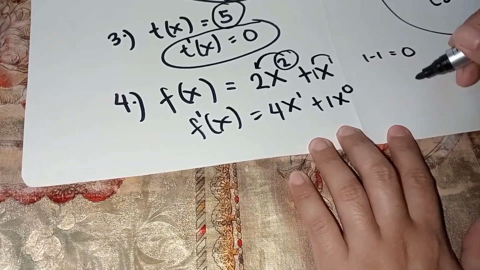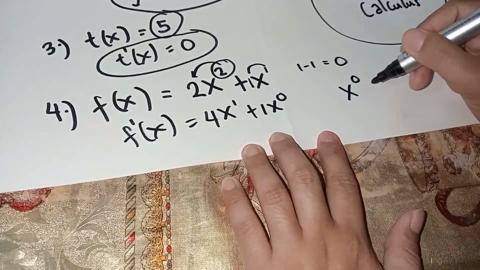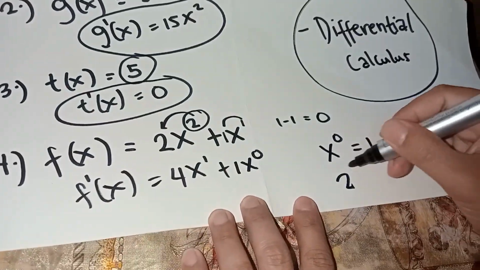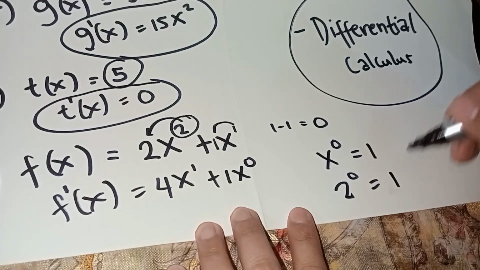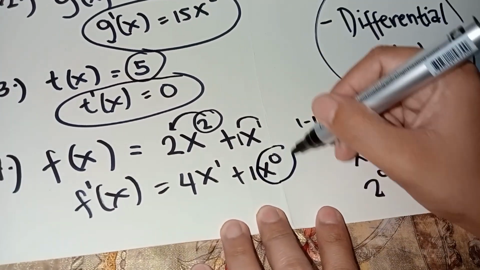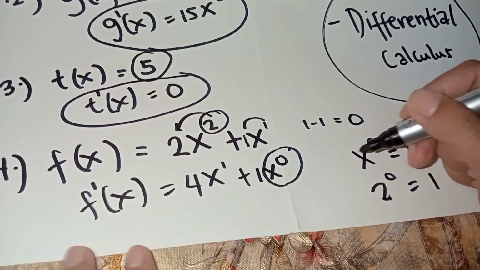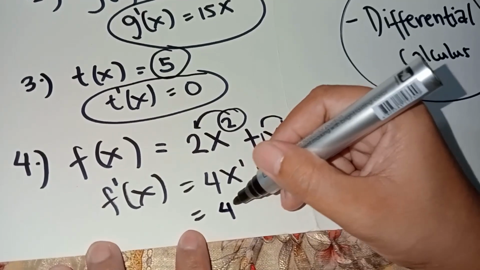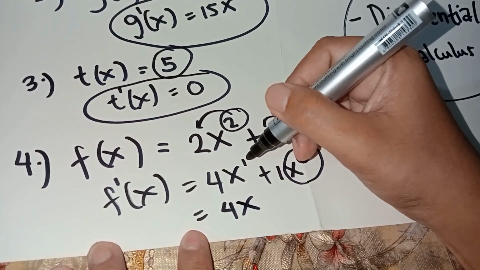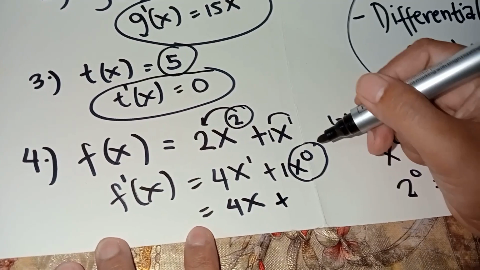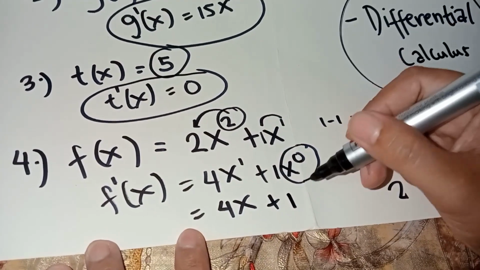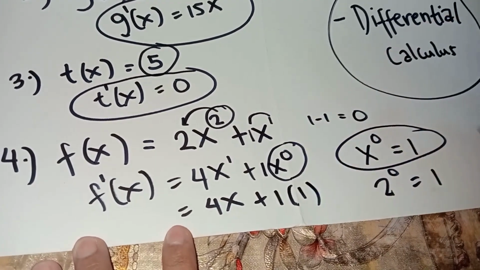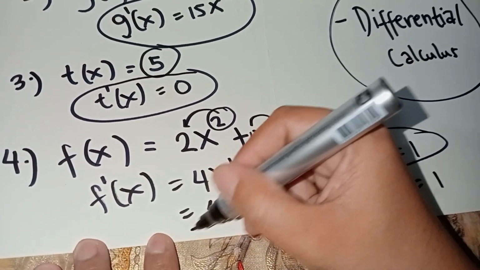Always remember that any number or letter raised to 0 is equal to 1. Something like 2 to the power of 0 is equal to 1. In this case, x raised to 0 is equivalent to 1. Okay, let's simplify this one. 4x, we do not need to copy the exponent 1, plus 1 times 1, because x raised to 0 is equal to 1.